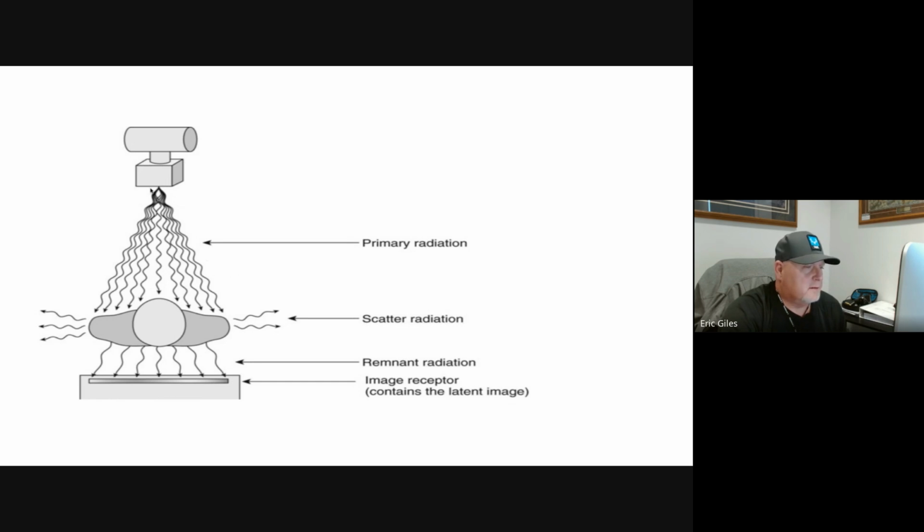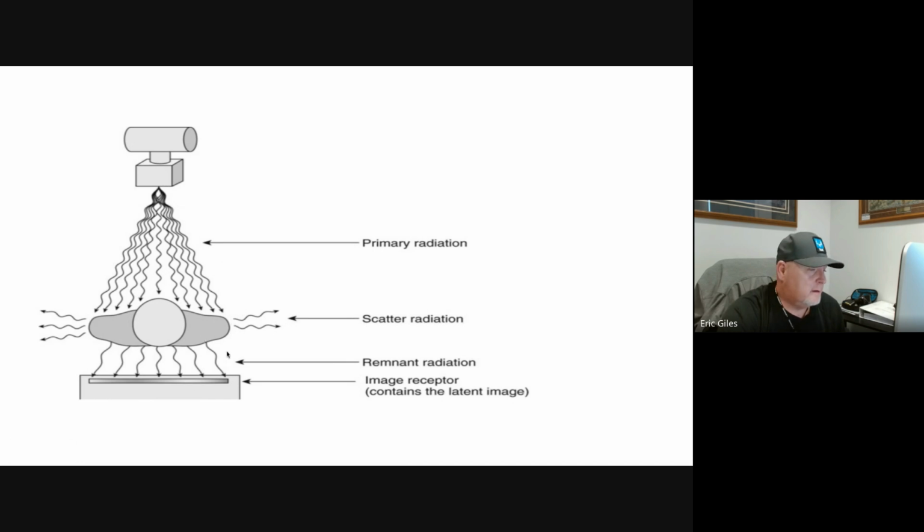This is the primary beam. It goes through and hits the patient where it attenuates, and this is where scatter happens, where X-ray photons escape the body in all different directions. And it can be very dangerous to us occupationally and also to the quality of our image.